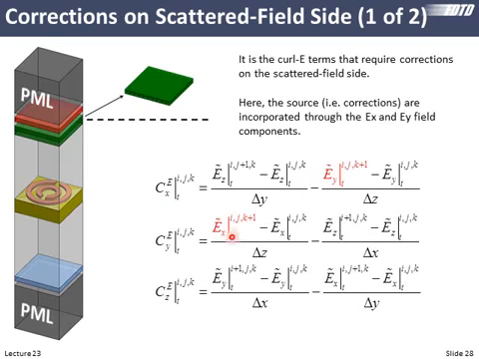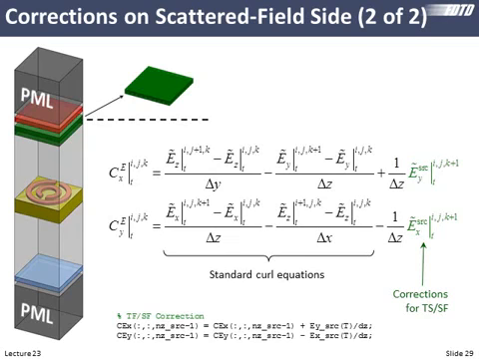So these 2 terms are total field quantities. We'll end up subtracting the source from them to make them look like scattered field quantities. So we do that, we subtract the source, we bring it to the outside of our expression, and what we end up with is our original curl equations, which tells us, just like before, we can set up our double loop, we can calculate curl without knowing anything about total field scattered field, and then when that is done, we'll set up another double loop to go over this range of values right at the interface to add and subtract these 2 correction terms.